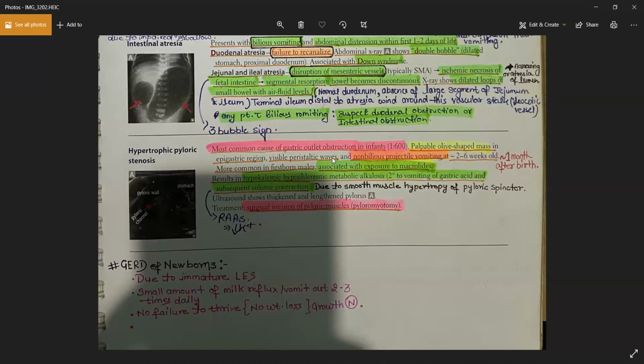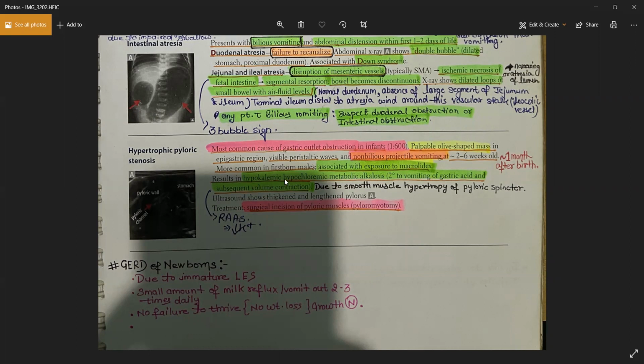This is associated with exposure to the macrolides. Very important. It will present within 1 month after birth or around 1 month, not instantly. You will get the presentation of symptoms around 1 month, not at the time of birth. Because of the vomiting, you will be losing all of your electrolytes.